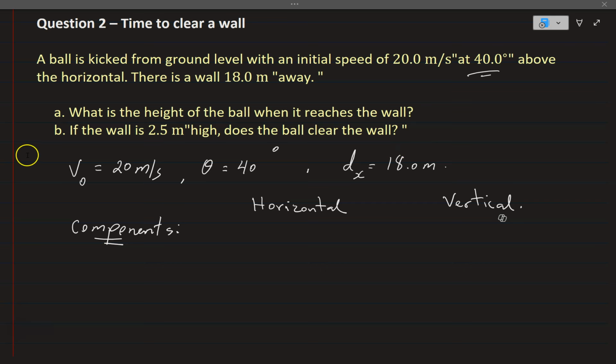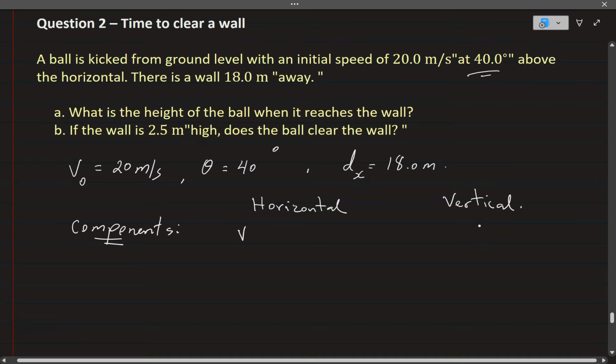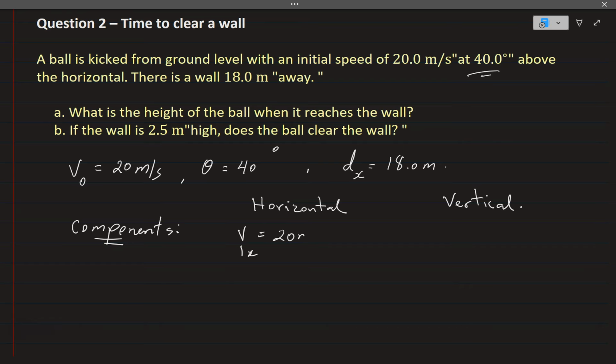All right, so I wrote down here all the given information. The first thing we need to do is find the components of the velocity, horizontal and vertical. That's just straightforward. The initial horizontal velocity is equal to 20 meters per second times cos of 40 degrees.